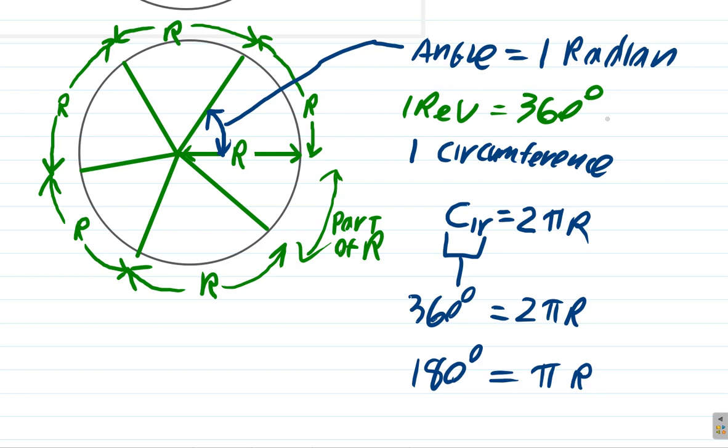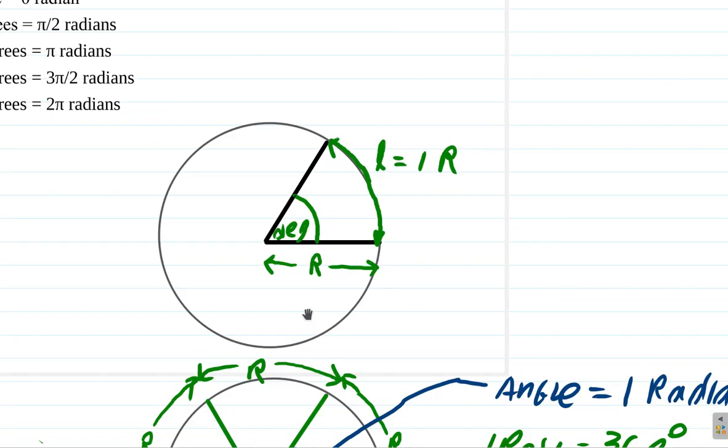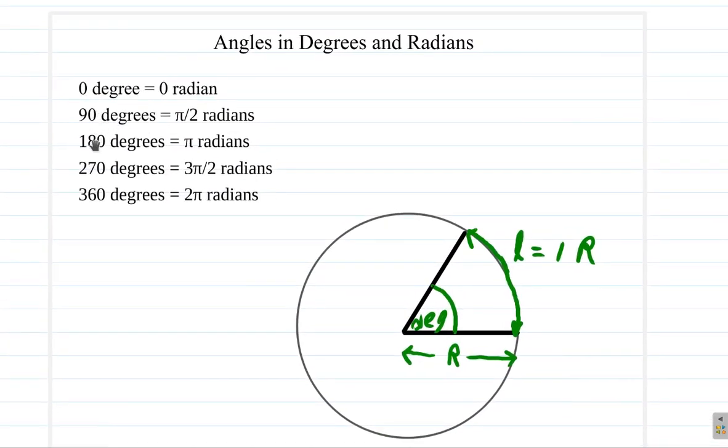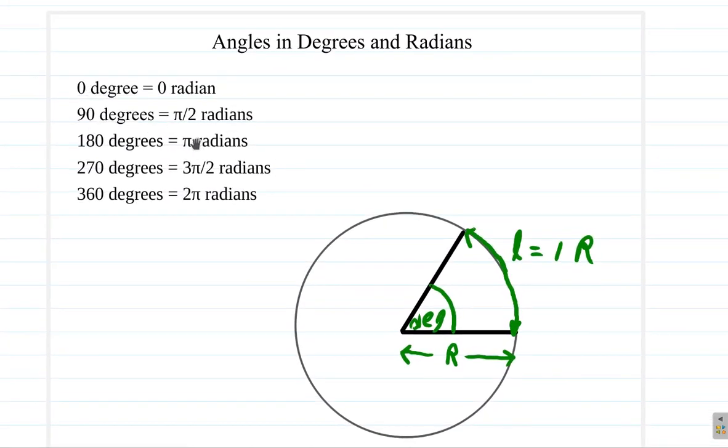Do you see that? So I can rewrite this and say 180 degrees is equal to pi radians. One hundred and 80 degrees is equal to pi radians.